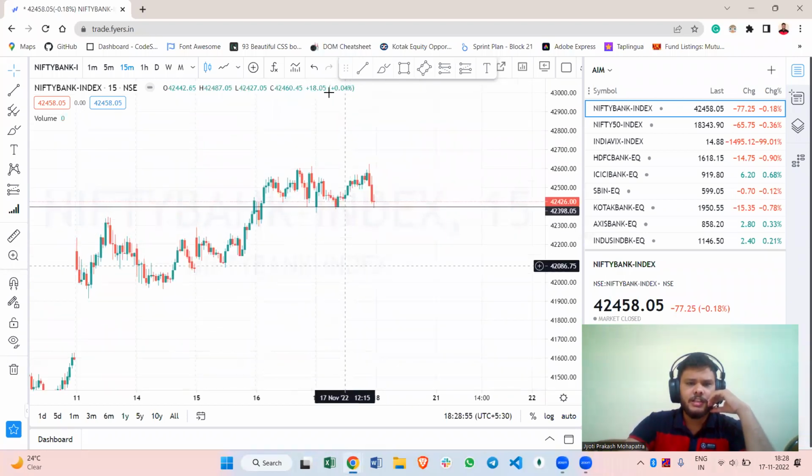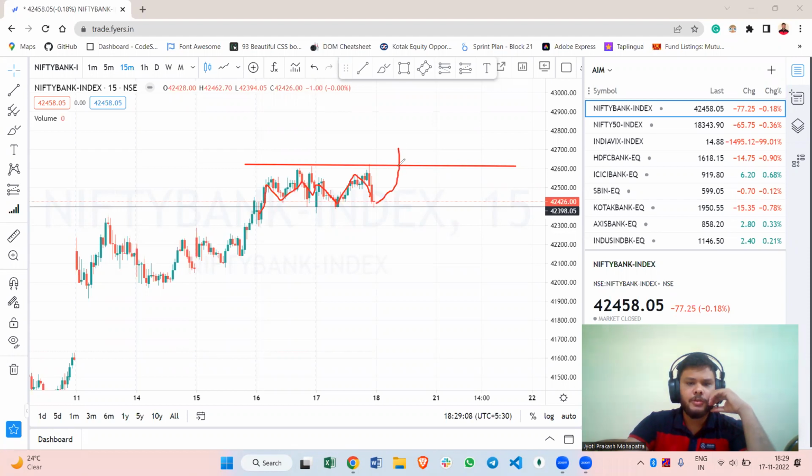And let's assume that if market opens gap up and if it closes above 42,600, then we can expect some buying pressure here also. The reason is that you can see that for almost 2 days market went sideways, and if tomorrow market opens gap up above that level, those sellers who sold Bank Nifty and put stop loss around 42,600, their stop loss will be hit, and for that reason market may show positive movement, and new buyers also get added there.